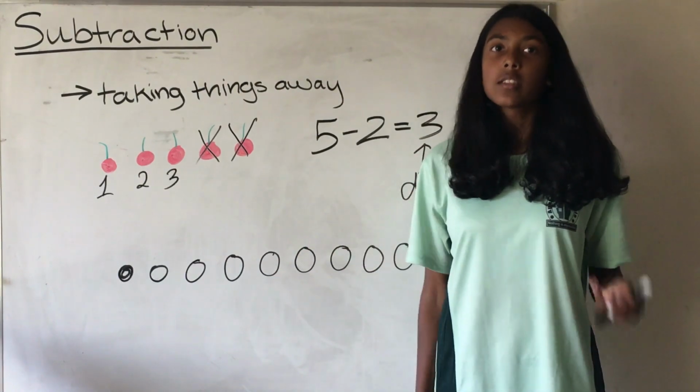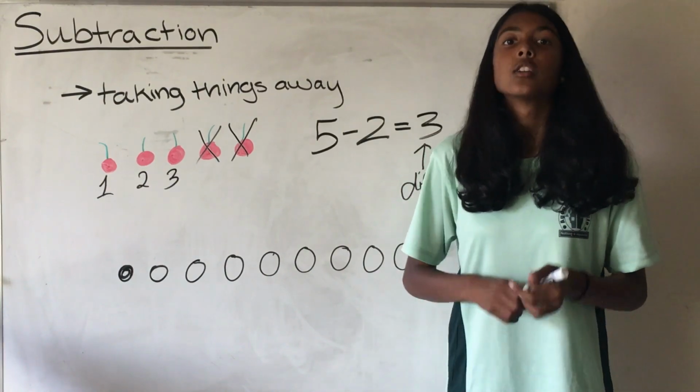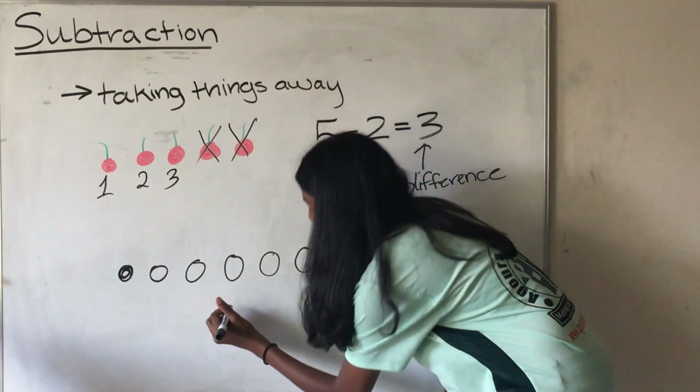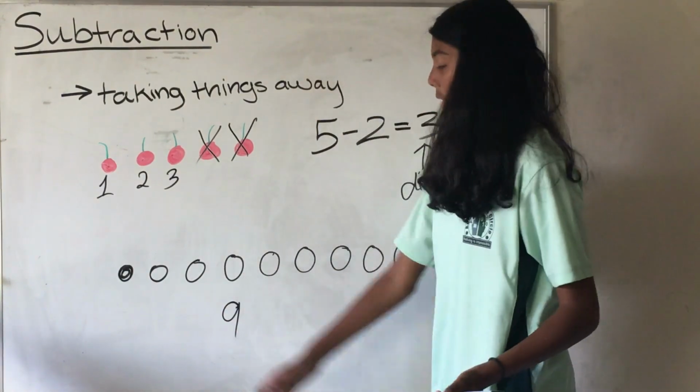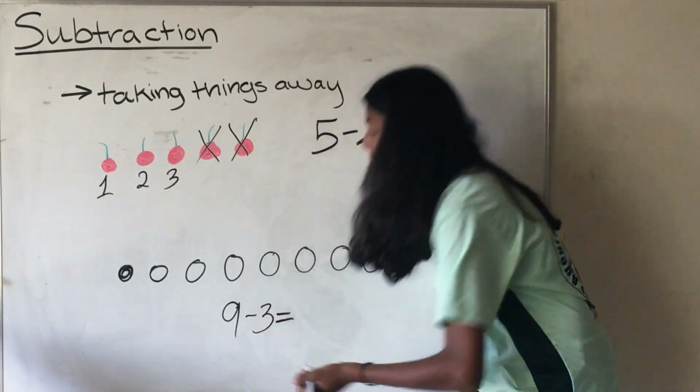So in this case, this is when we're only left with 3. So this is another subtraction problem, and we write it like this. 9 is how much we're starting off with. We only want 3 in the end, so minus 3 equals, and that's our answer.